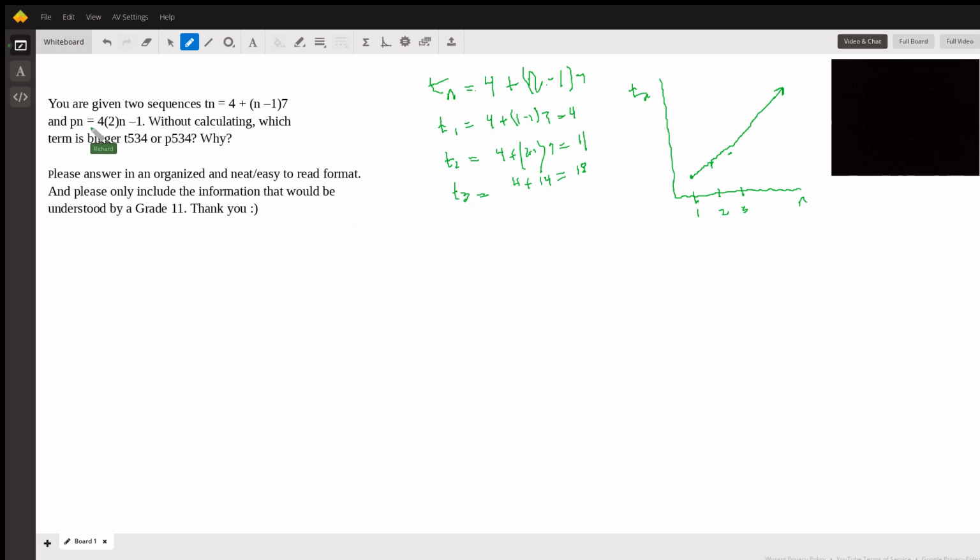Now, the second one is geometric, and you can tell because it's not linear. Let me change colors here, because this one, unfortunately, didn't come out very well. P sub n is 4 times 2 to the n minus 1 power.